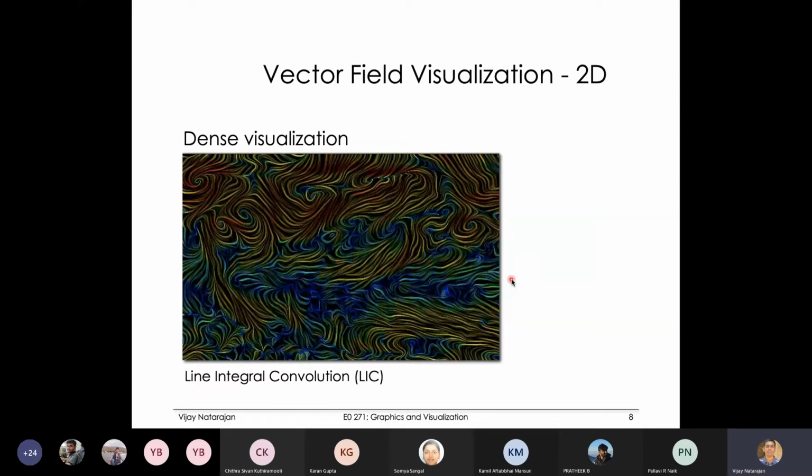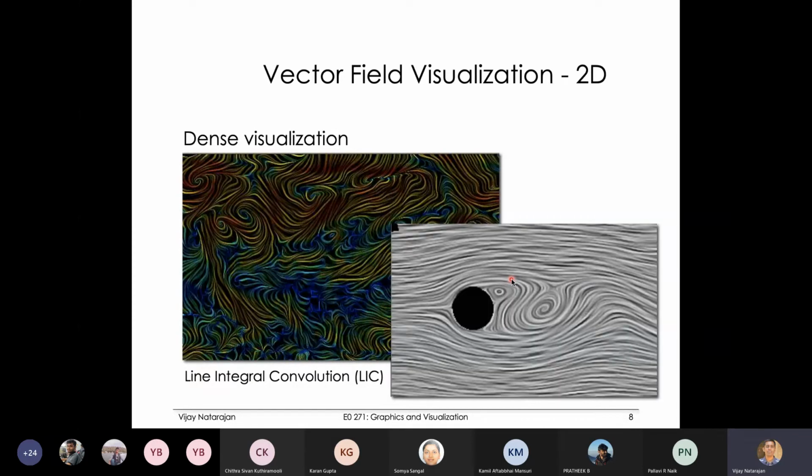It beautifully represents the behavior of the vector field, but this is essentially an image. It's a raster image. Here is another example without color for the same flow, but now the flow is behind a circular obstacle. And you can easily see the turbulent structures being formed in the wake of this obstacle.